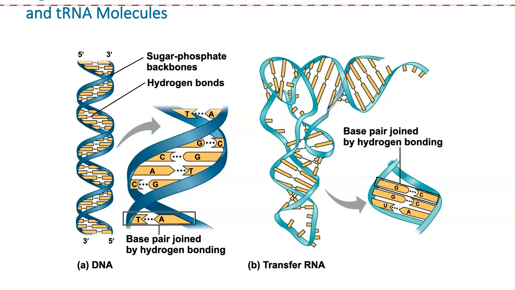So even though we have hydrogen bonding between base pairs in an RNA, the RNA only has one backbone. And that means that it is not a double helix, even though it looks like we've got some pairing going on here, which we do. It's not a double helix, it's just a single polynucleotide folded back on itself.